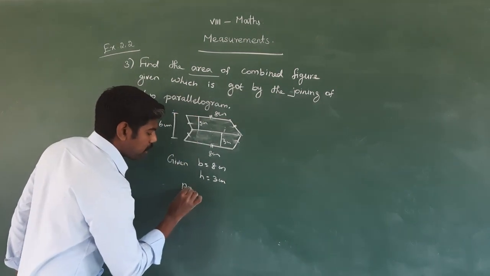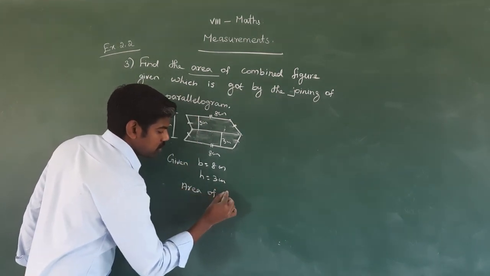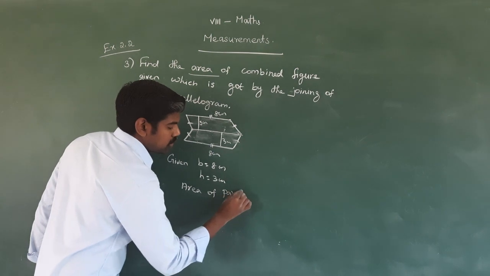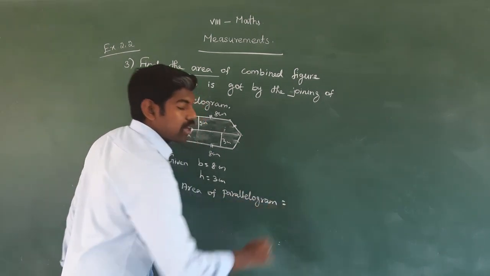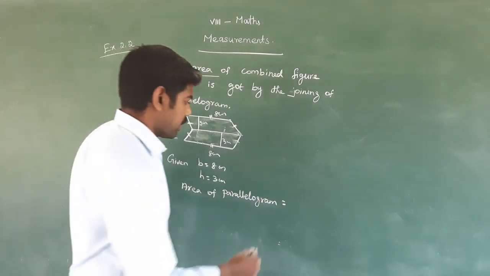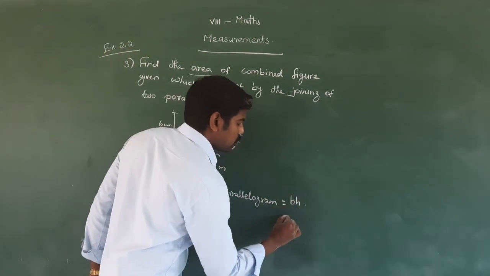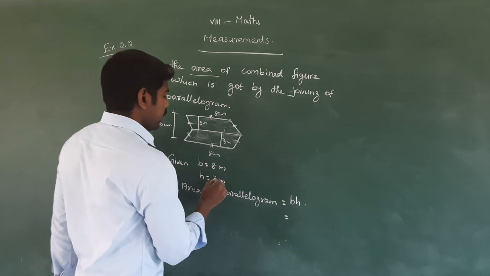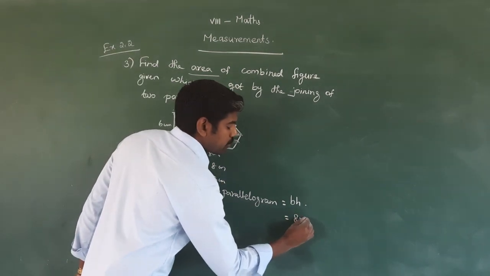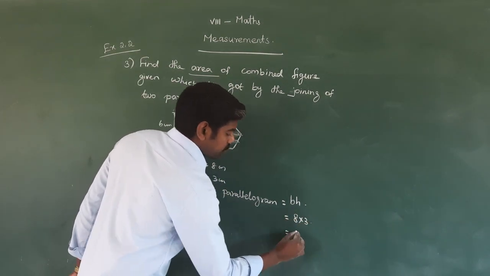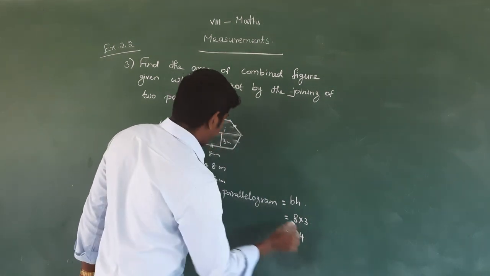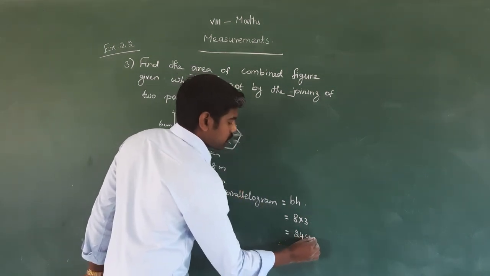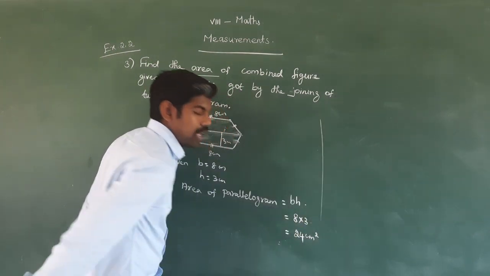The area of a parallelogram formula is base into height, BH. That is equal to 8 multiplied by 3, which is 24 centimeters square.